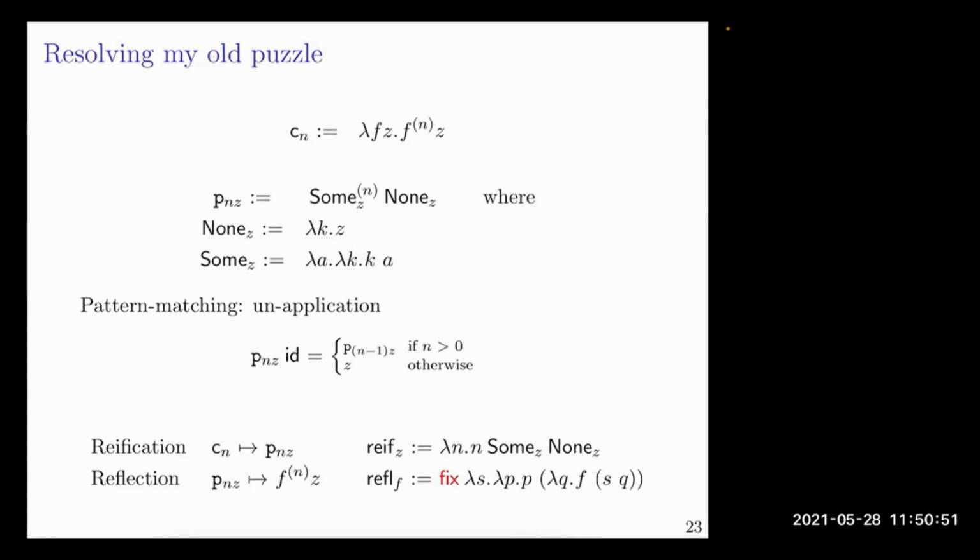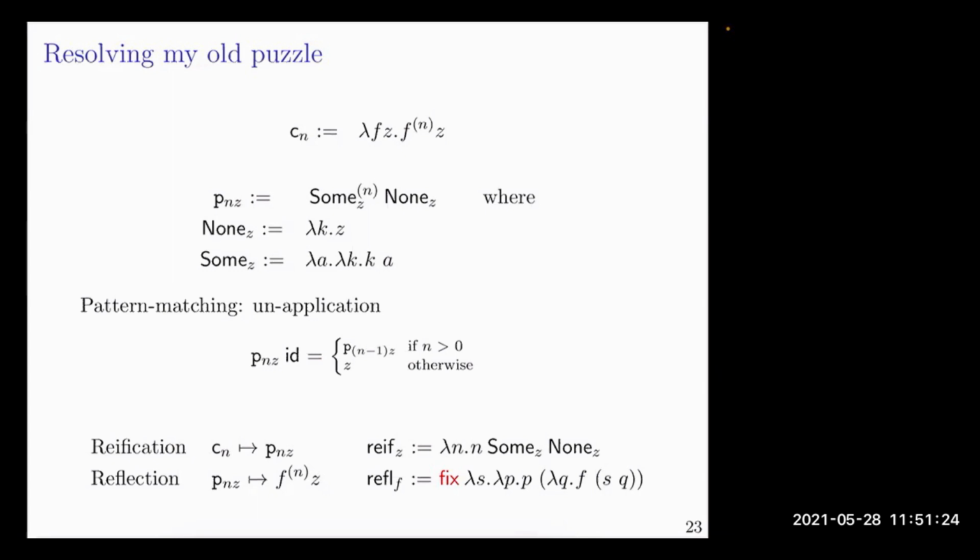And it's also clear that from P_n z we can get repeated applications of some function f to z. This is done with the term reflection, which is the interpreter that interprets this repeated application of some and replaces each some with f. Here that fix appears in red, right? This is kind of a red flag because the term isn't going to have a normal form.